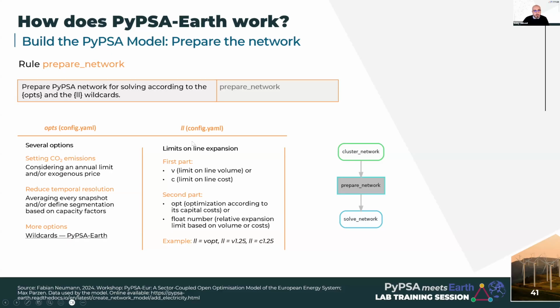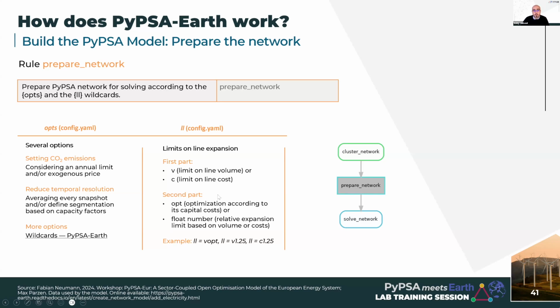Yeah, and then the other wildcard is actually the limits of the line expansion, so the electricity transmission system. We have two parts here. In the first part, we see that we want to put a limit on the line volume or the line cost.